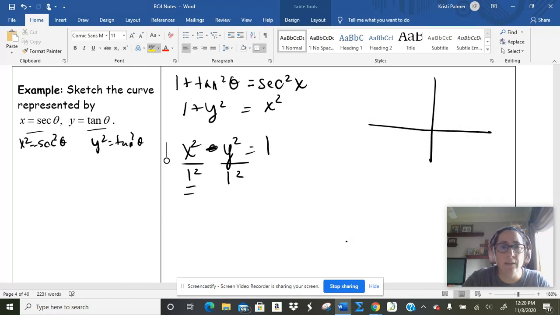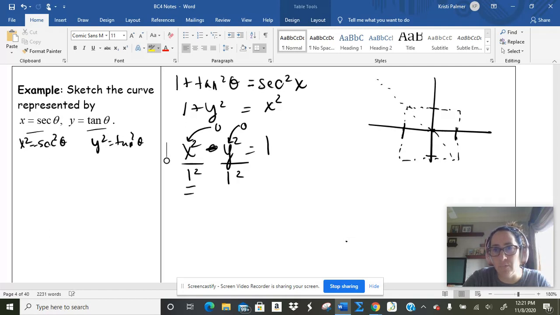And here I can see on the x-axis, I go out 1 in both directions from my center. And here it's centered at 0, 0, because I'm not plus or minusing anything within the square. So my center is right here. And then in the x I go out 1 and 1, and in the y I also go out 1 and 1. So then I draw my box, and then I draw my asymptotes.